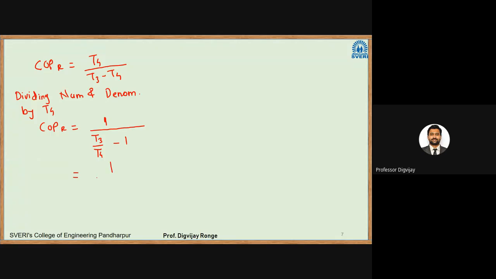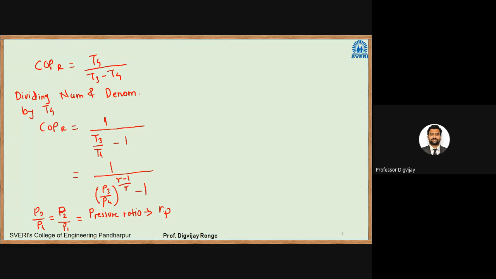It will be 1 divided by P3 by P4 raised to gamma minus 1 upon gamma, minus 1. Now, what is this P3 by P4? P3 by P4, or we take P2 by P1, is nothing but a pressure ratio. So what we term it as RP.